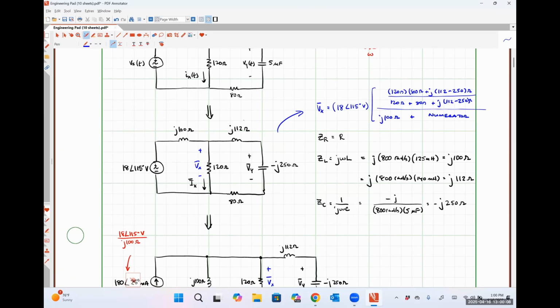So we're just treating all of this like it's an equivalent impedance, and we're just finding the voltage drop across that equivalent impedance.